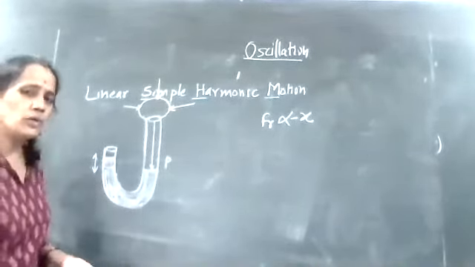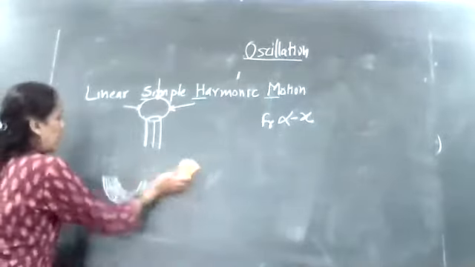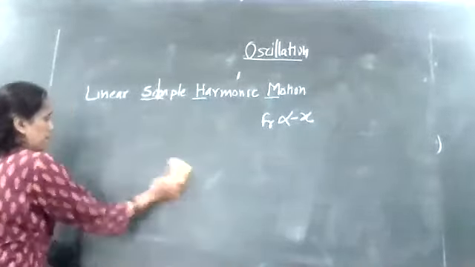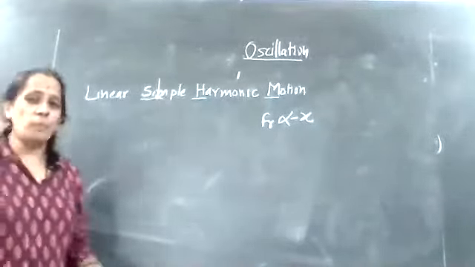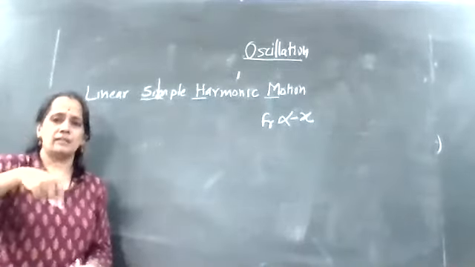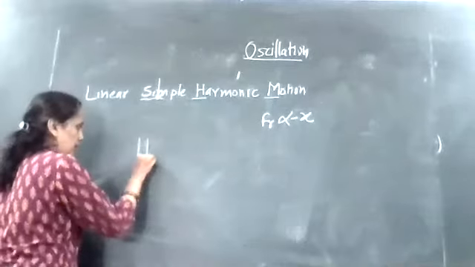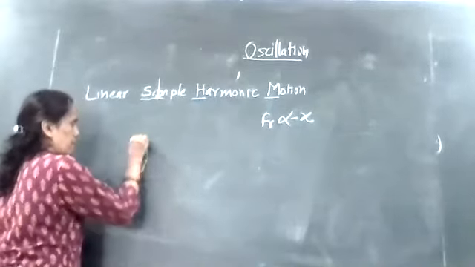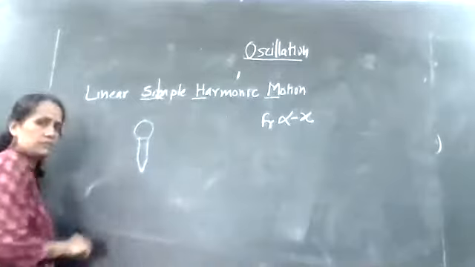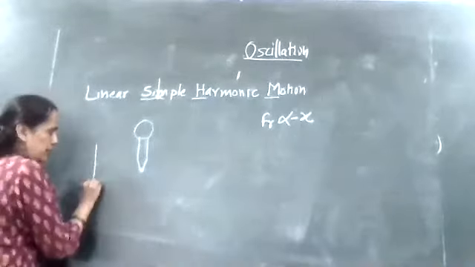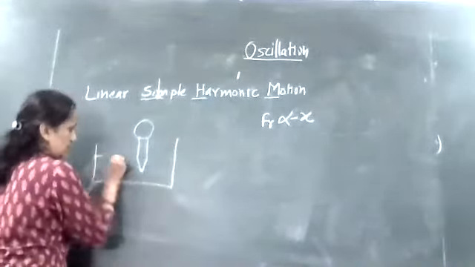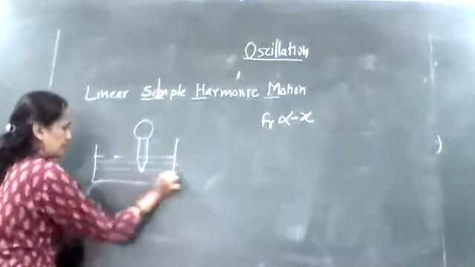Another example: if you take a hydrometer, like the dropper by which you fill ink, its shape will be in this format. Here is the bulb. I insert the hydrometer inside a liquid.